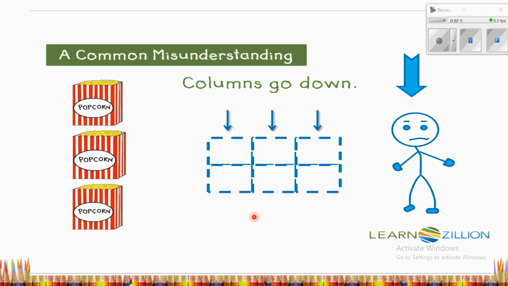Column means something goes down. So columns go down. Here is the first column, second, and the third. So remember, the column goes from your head to your feet. Columns up and down, columns up and down. Yes, maybe you can jump now and say columns up and down.